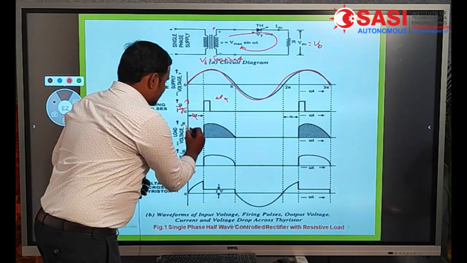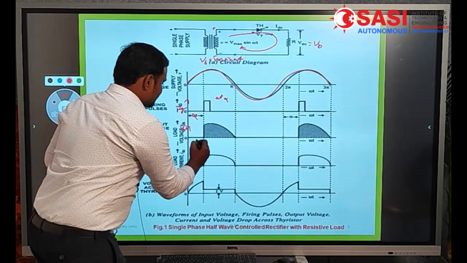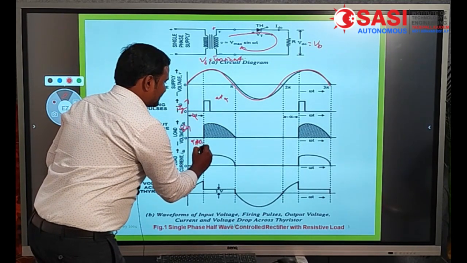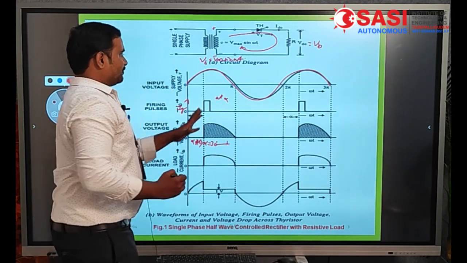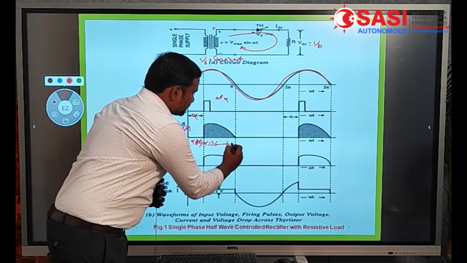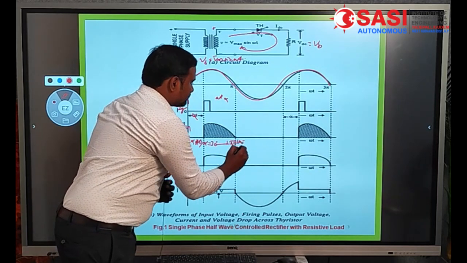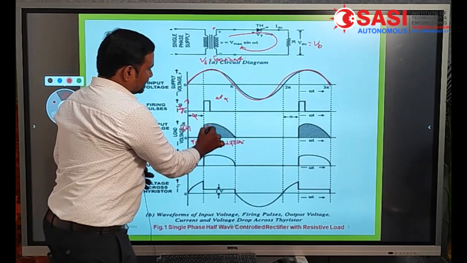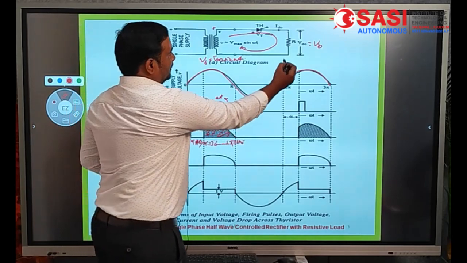You can observe in this waveform that V0 is controlled. Here alpha is not equal to 0; alpha starts at some angle, say 30 degrees. So the voltage can be controlled from 30 to 180 degrees, and that portion of the voltage is obtained from the circuit at the load.